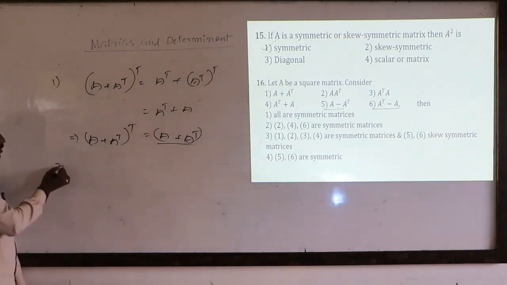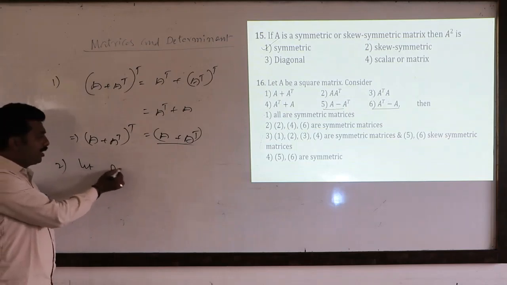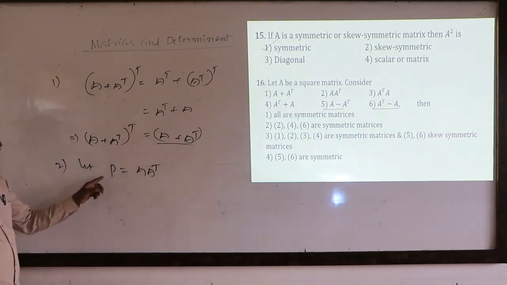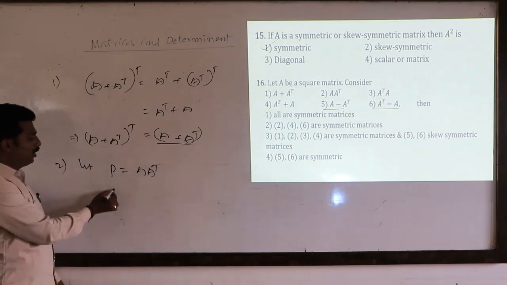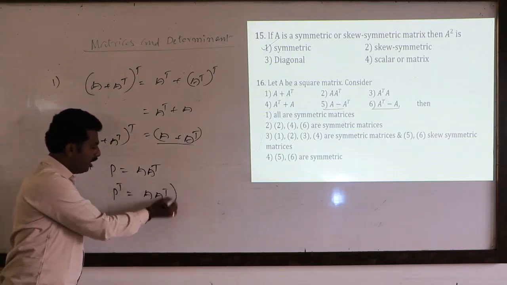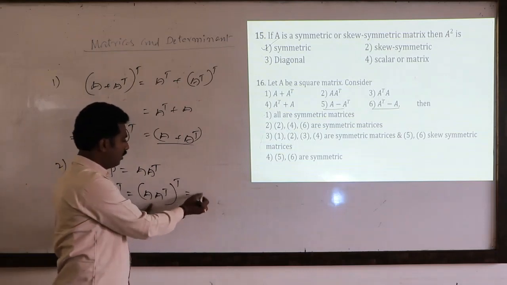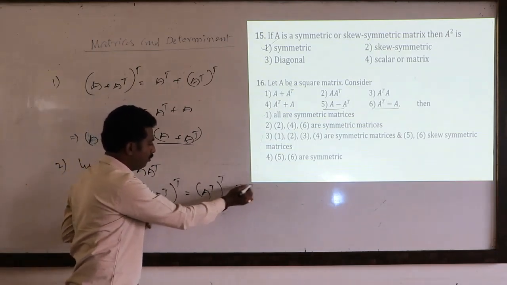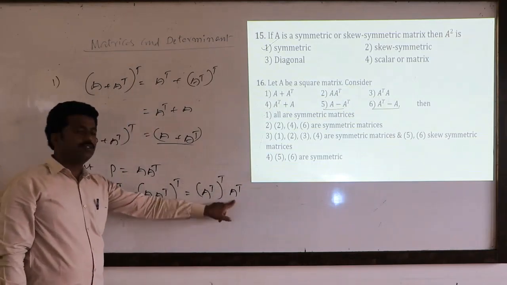Then second result. Suppose for the second result, I am taking P equal to A transpose A. What we have to prove is whether it is symmetric or not. So that P transpose I am taking. So P means A transpose A whole transpose. From this, see, AB whole transpose means B transpose A transpose.